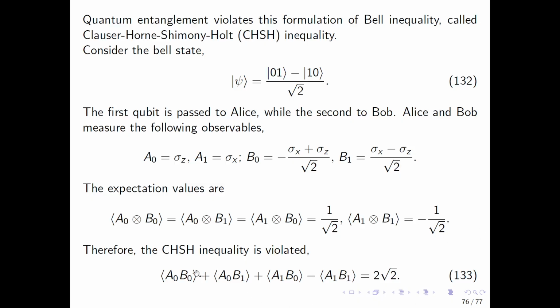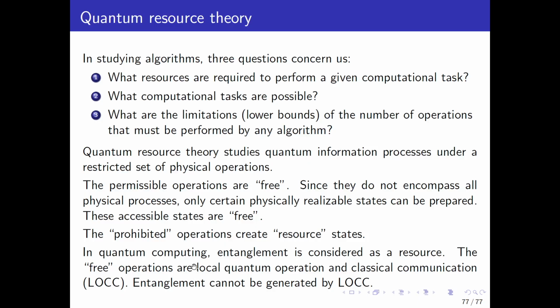I think this is my last slide. I just want to briefly introduce quantum resource theory. So the next thing, when we try to study algorithms, there are basically three questions that we want to understand. The first one is what kind of resources are needed for a certain computational task, what kind of computational tasks are possible, and what will be the limitations for that particular algorithm.